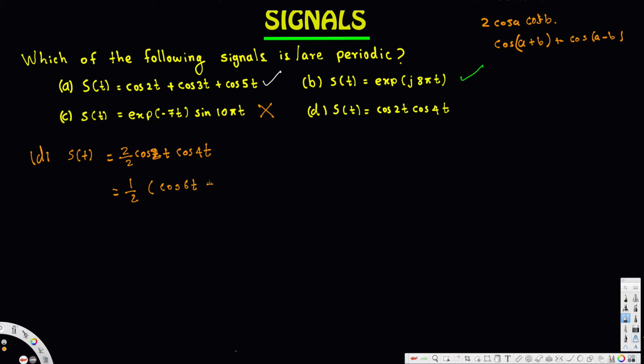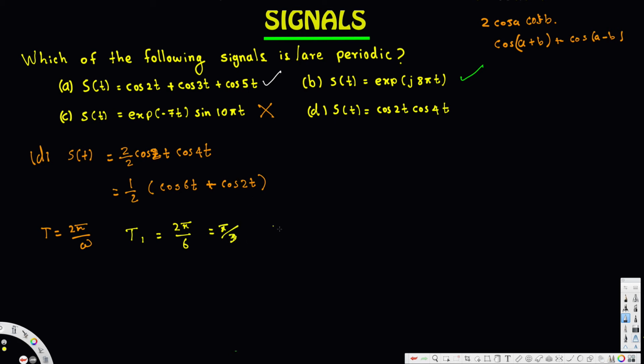A minus b is 4 minus 2, that's 2, so cos 2t. This is what we have right now. From this we can compare the periods. T equals 2π over omega. For the first one, T1 is 2π divided by 6, that's π over 3.